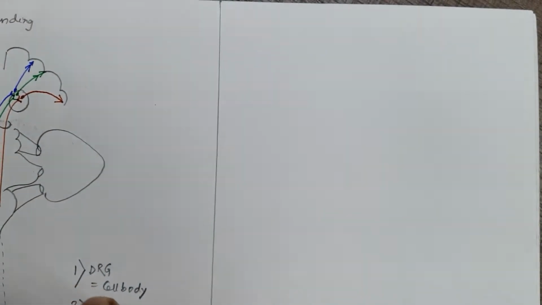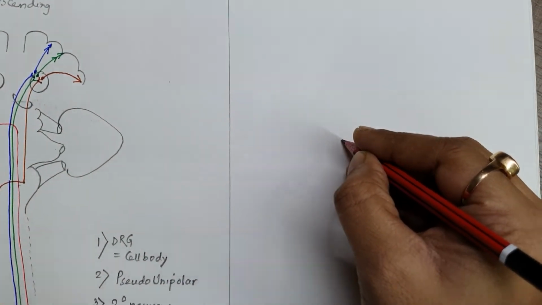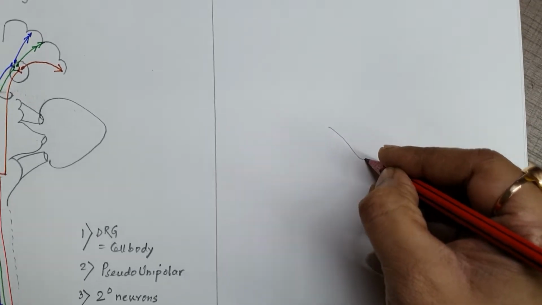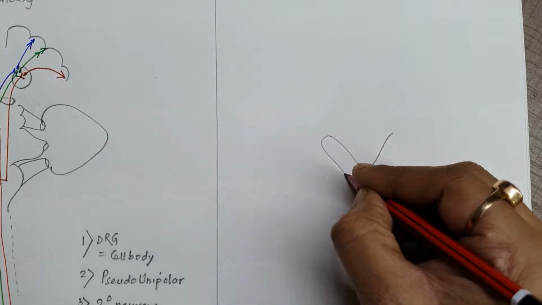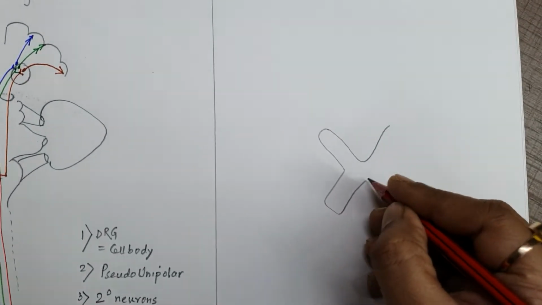Now, if we amalgamate the fibers in one section of spinal cord, how will it look? This is the gray matter, central gray matter.